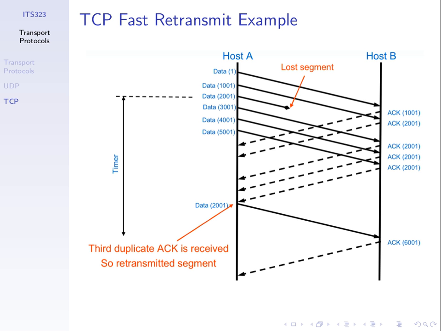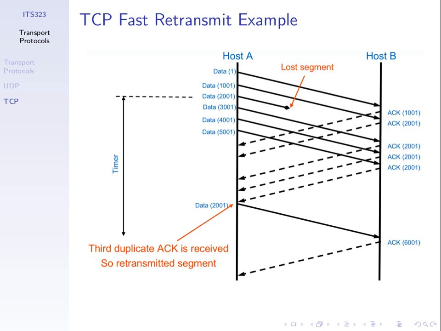And in many cases, we will receive 3 duplicate ACKs before a timeout occurs. We'll spend less time waiting before we retransmit. It can be more efficient. So fast retransmit is faster at retransmitting after a lost segment. The advantage is that we can improve performance by retransmitting earlier than if we waited for a timeout.